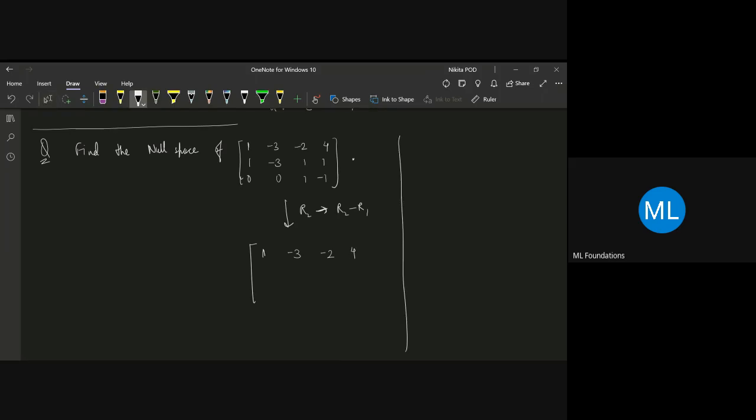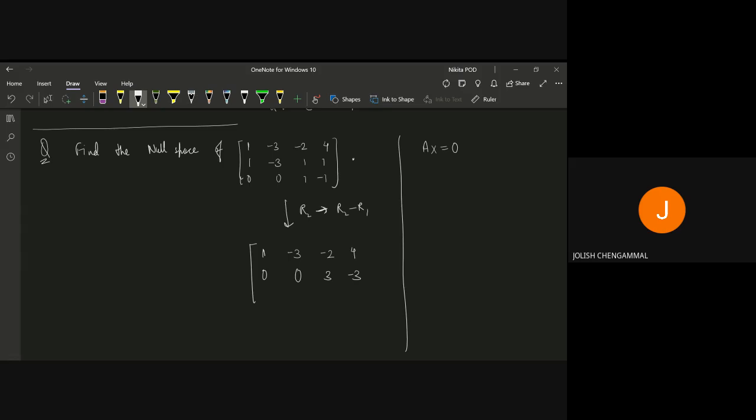We are finding the null space of this matrix, right? So null space is just solving for Ax equals 0. Yes, so to find the null space, you have to do Ax equals 0.